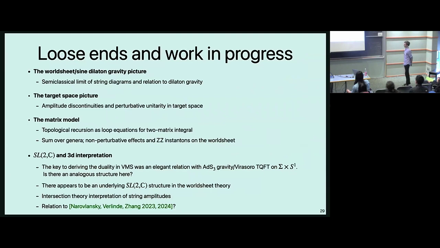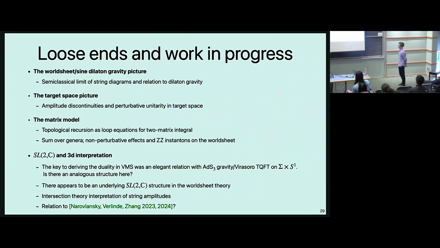And just one small point in favor of that is that there appears to be an underlying SL2C structure in the worldsheet theory. So I mentioned the principal series representations earlier. You can also rearrange the Mobius generators of the two Virasoro algebras, and they combine into an SL2C algebra.